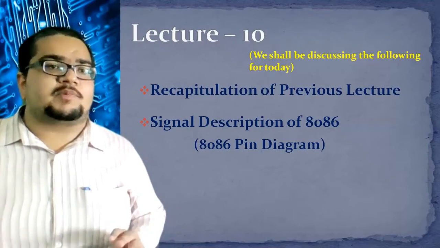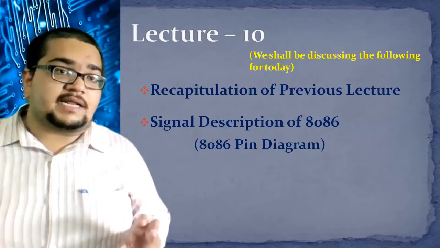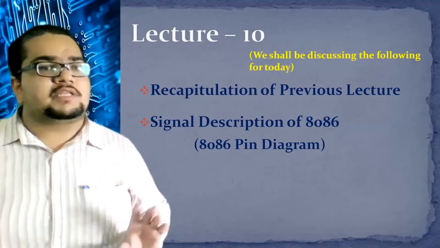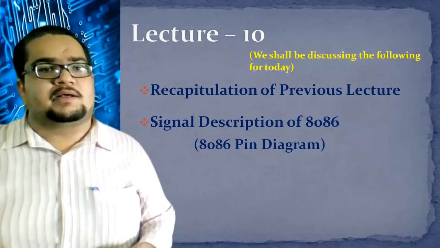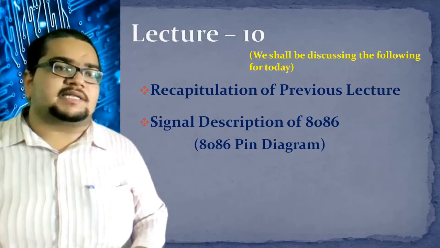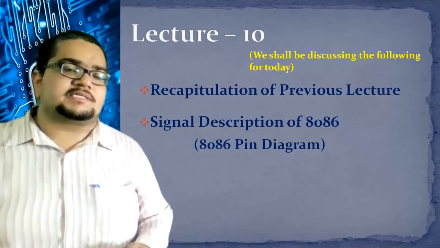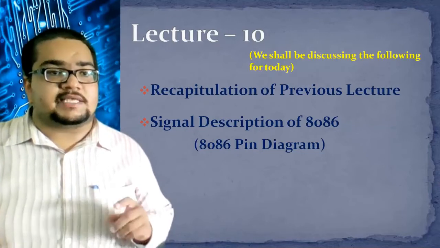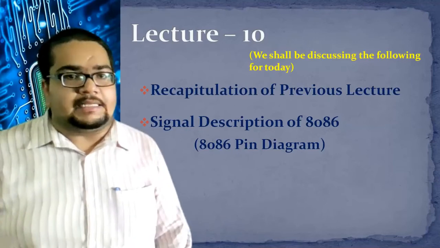So these possible operations would be there: 8-bit data exchange even, 8-bit data exchange odd, or 16-bit data exchange, or no data transaction on the data bus. Earlier we showed a table where the combinations of BHE bar and A0 help us understand what type of data access is happening: whether it is 16-bit or 8-bit, and if it is 8-bit, whether it is from the even bank or the odd bank. That was very clear from that table.